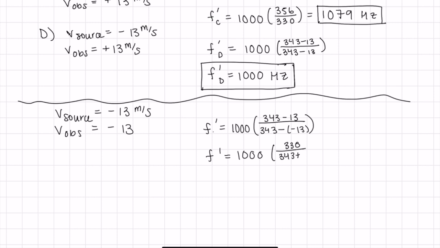I'm just going to take this super slow so you can see that negative negative will switch to a positive. We get 330 over 356, which is 927.